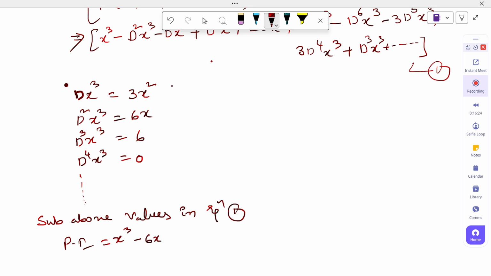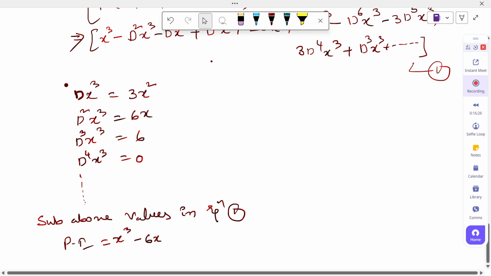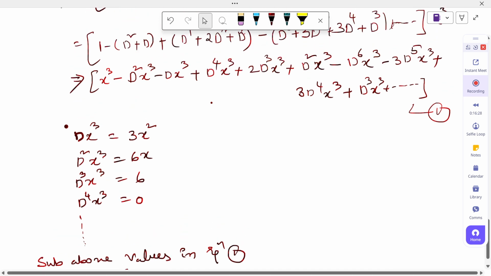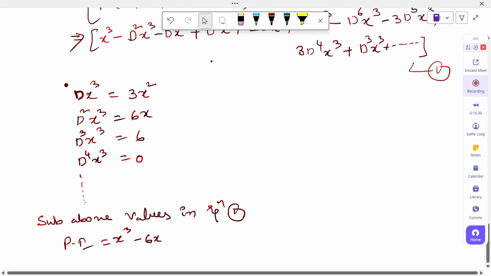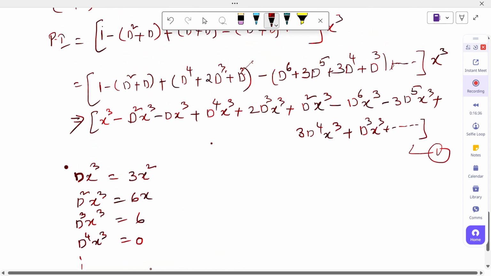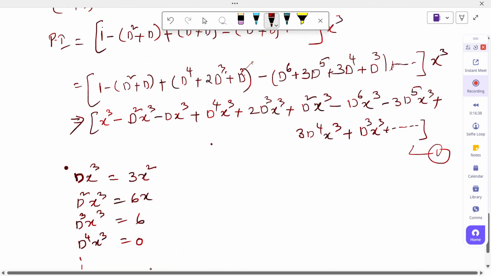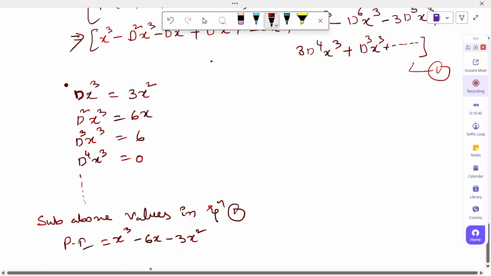Next term is 6x. 3 d x cube is equal to 3x square, minus 3x square. The next term is d power 4 x cube, d power 4 x cube is equal to 0.